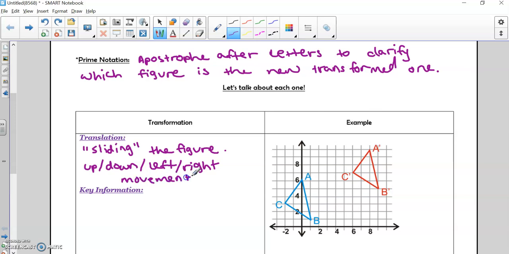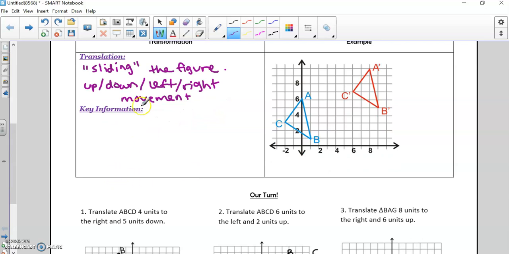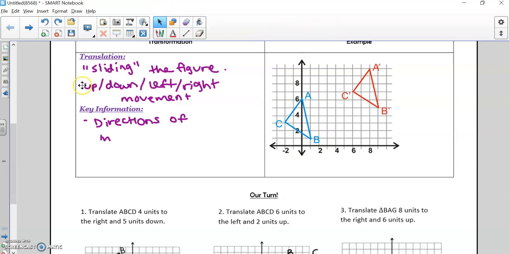Okay, and key information to know about translations is the direction in which it's moving. Well, the directions. So this is what I mean by up, down, left, or right. Okay.